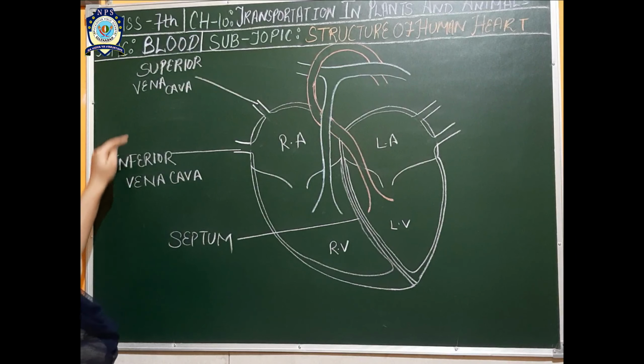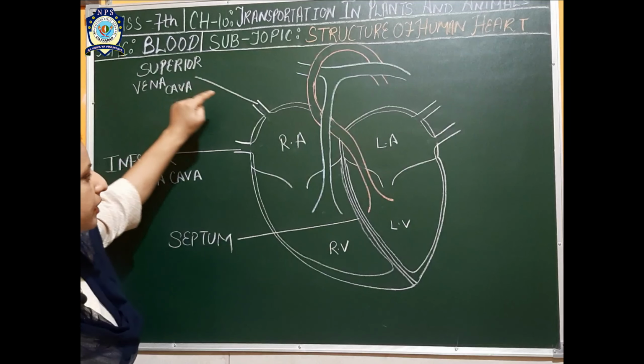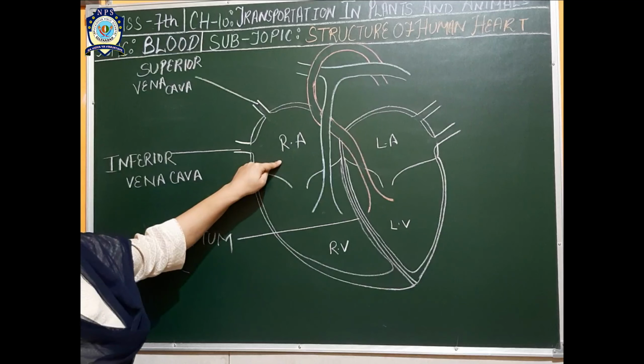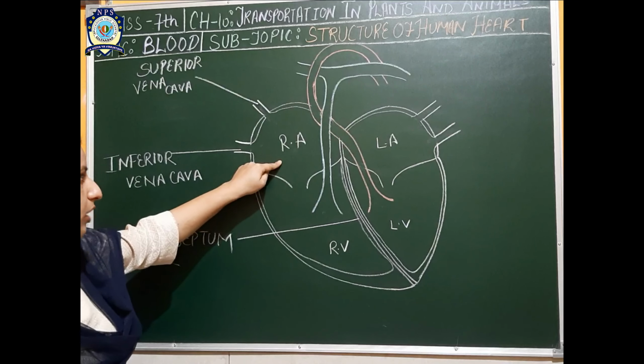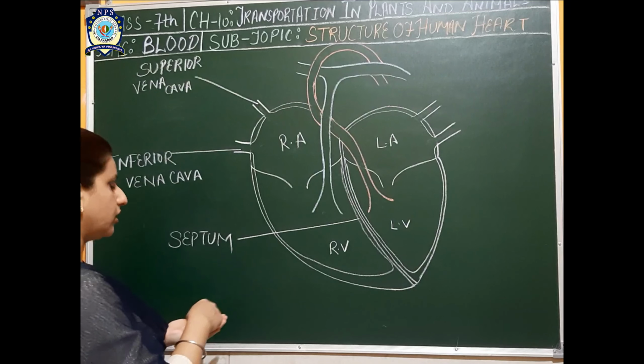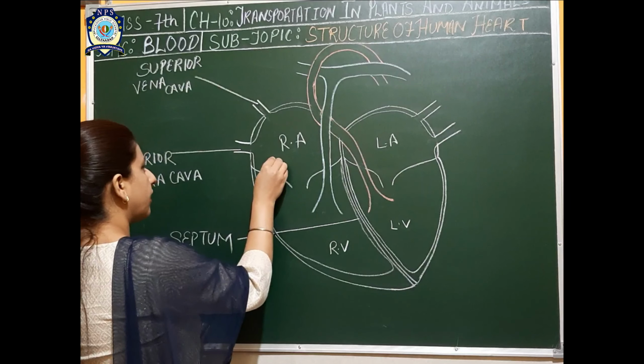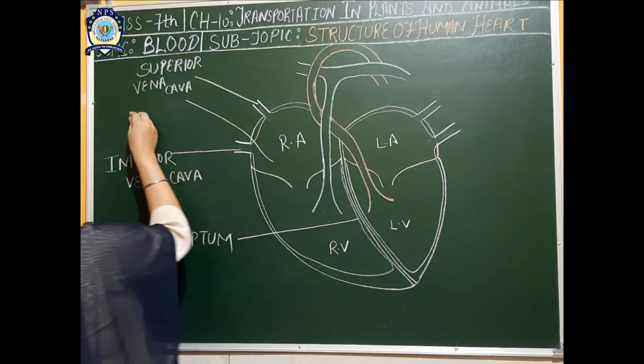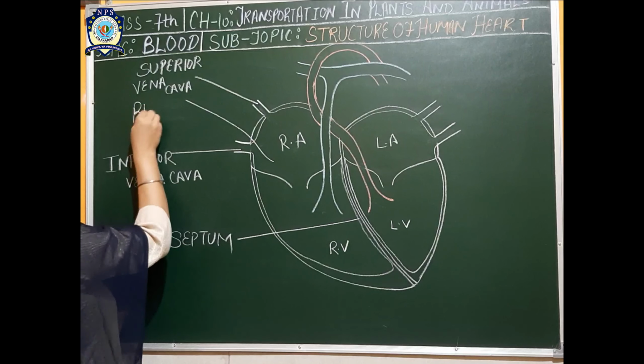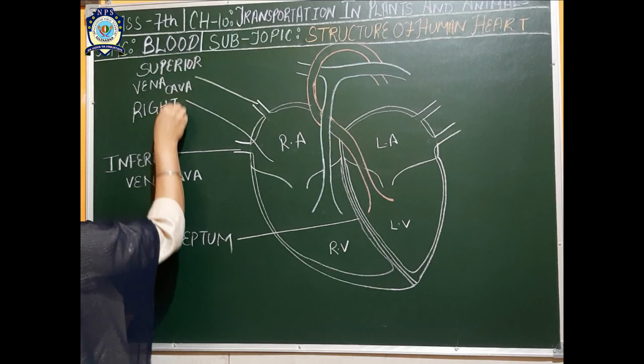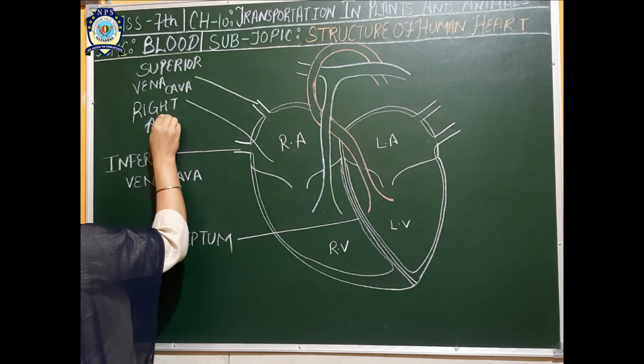Now the inferior vena cava and superior vena cava are bringing deoxygenated blood into the right auricle. Okay, this is the right auricle. I will write this labeling also. Right auricle.